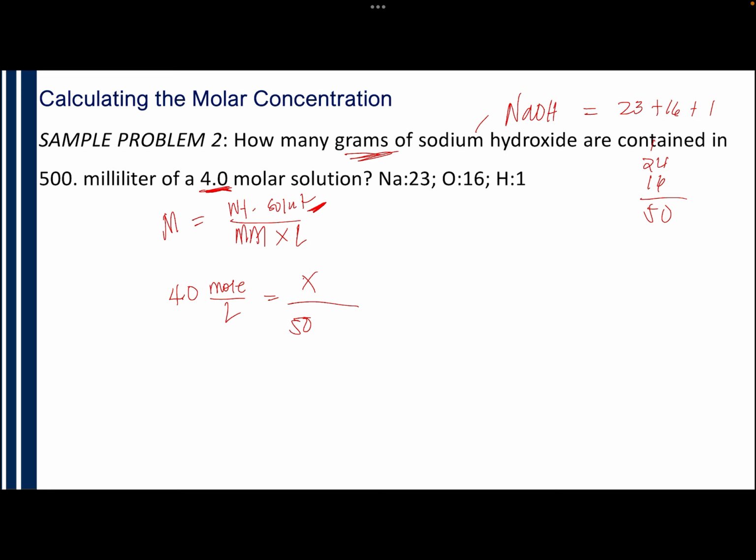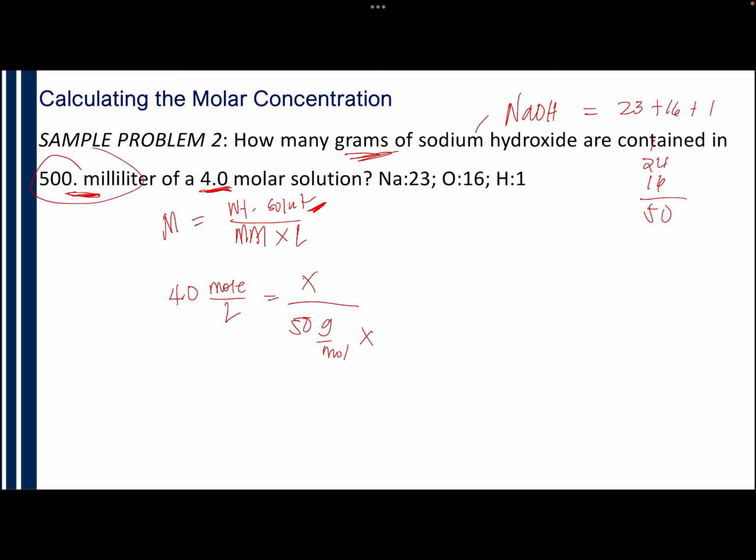Tama ba? Okay, 40 gram per mole times the liters of solution. So for liters of solution, ang given is 50 ml. So again, if ml gali ang nasa problem, ato asa siyang i-convert to liter before nato siya i-input sa ato ang formula.